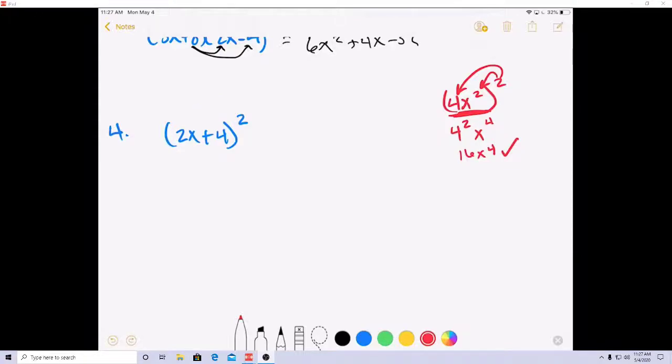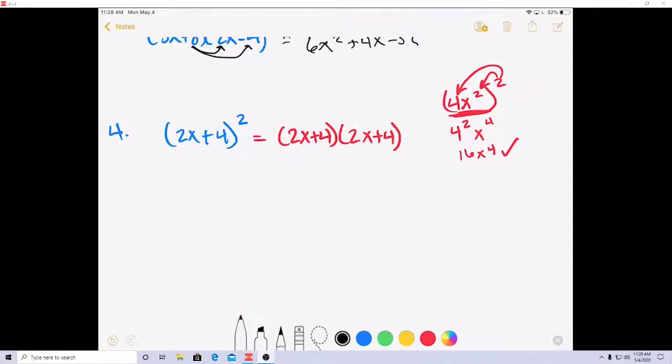But what I can do, when something is squared, that means there's 2 of them. So I'm going to rewrite this as 2x plus 4, but I'm going to write 2 of them instead of making it squared. That means the same thing. Okay, when something is squared, there's 2 of them. And now I can multiply them together with the FOIL method that we just learned, right?